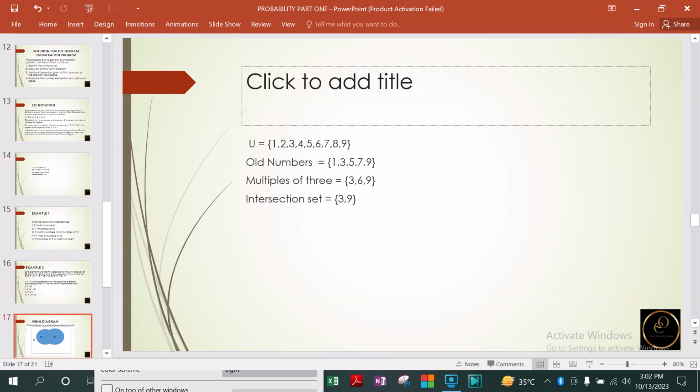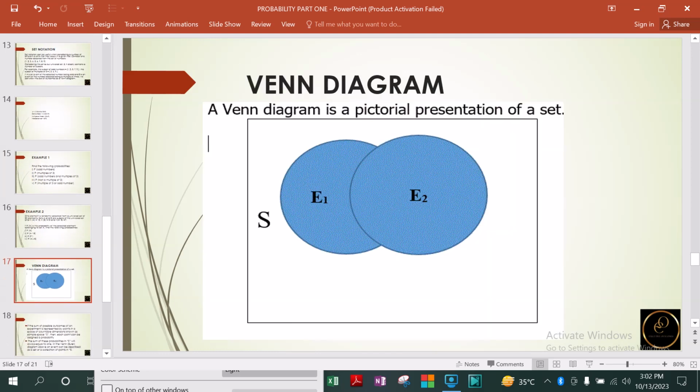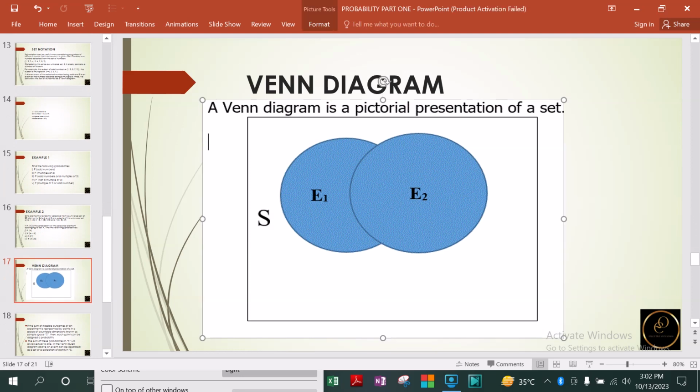So if this is a Venn diagram, then the whole collection of elements is 1 through to 9. If event 1 is the set A of odd numbers, then under event 1 you are going to have 1, 3, 5, 7, and 9.